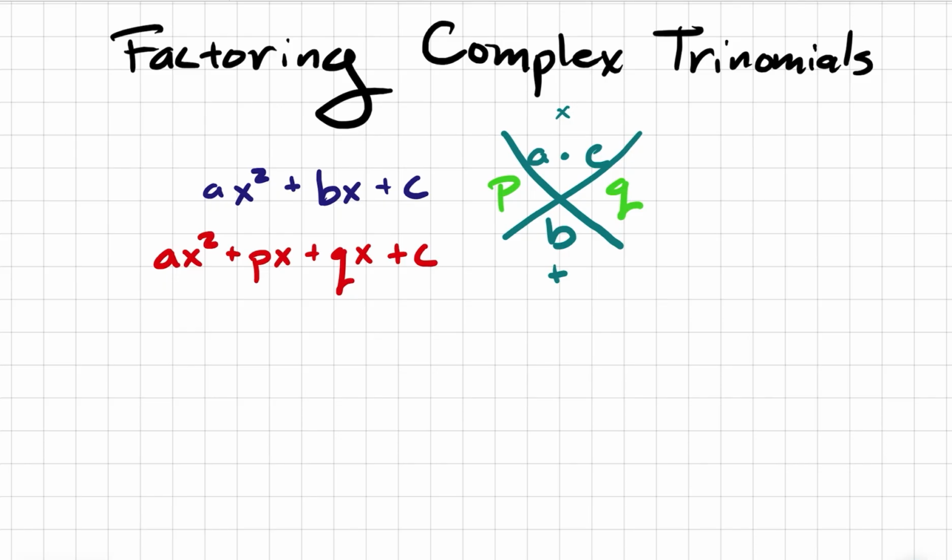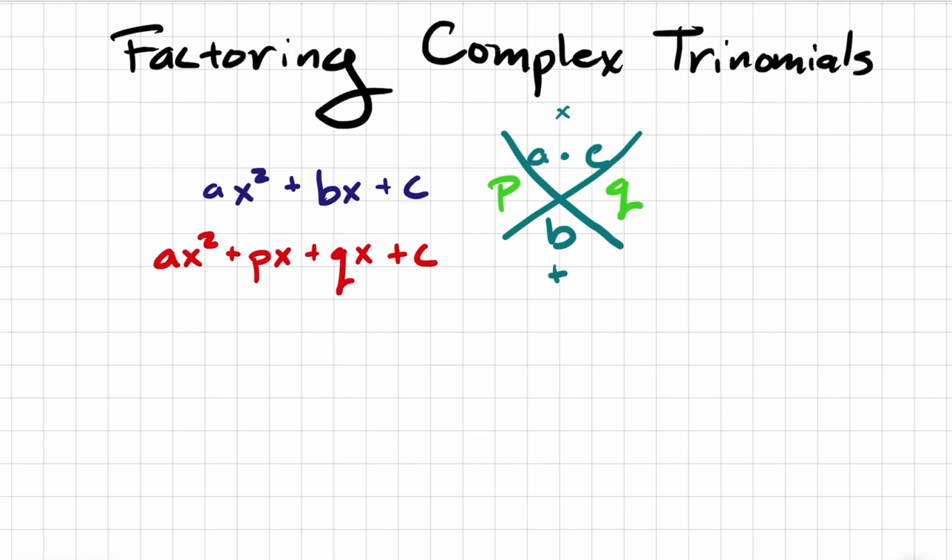Or if they're minus, it could be negative qx minus px. However you want, as long as you keep them straight, you are good to go. Again, q can go where p is, and p can go where q is, as long as you separate it into two terms.